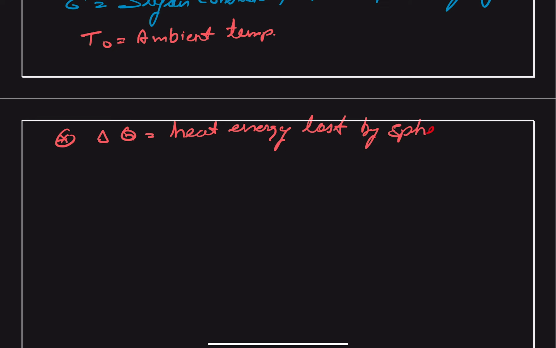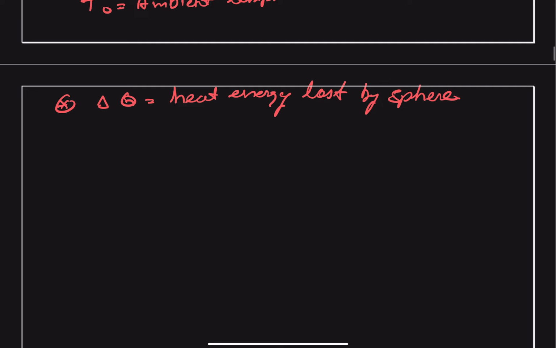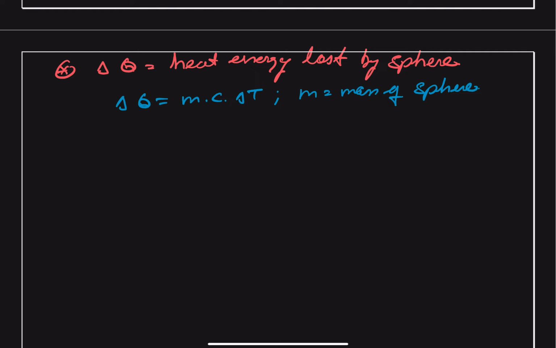And this delta Q is given as m multiplied by c multiplied by delta T, where m is the mass of the sphere, c is the specific heat, and delta T is the change in temperature.